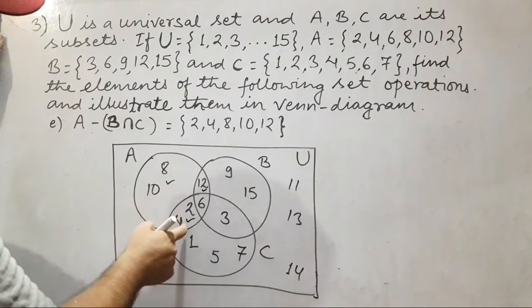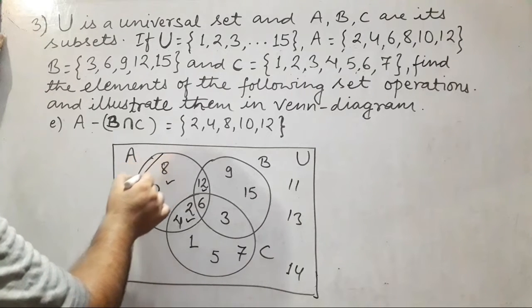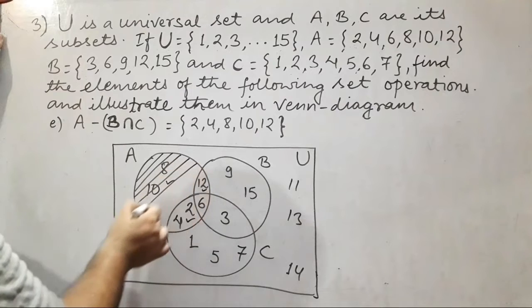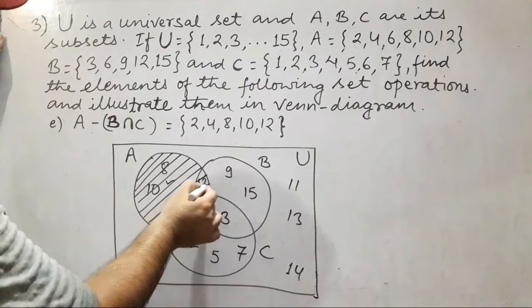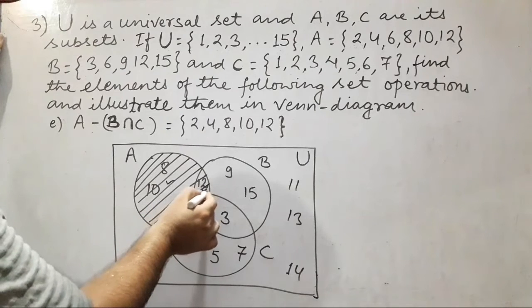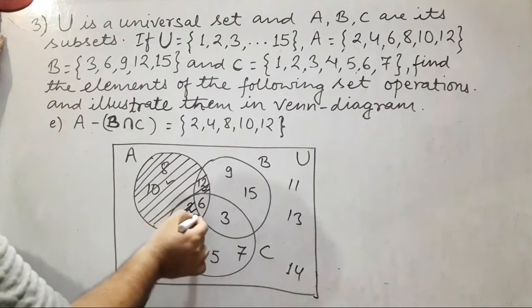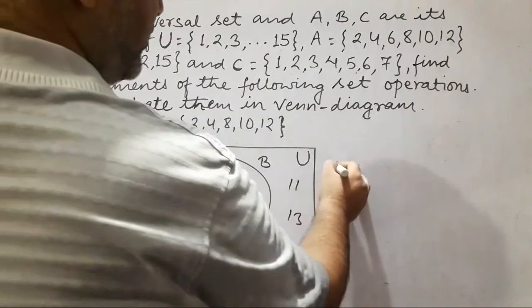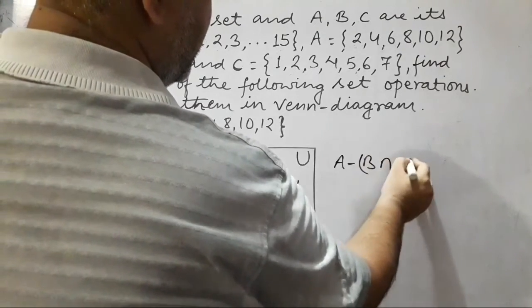Okay, this 3 ticked part we shall set. Take care not to enter in other part. So this is the part A minus (B intersection C).